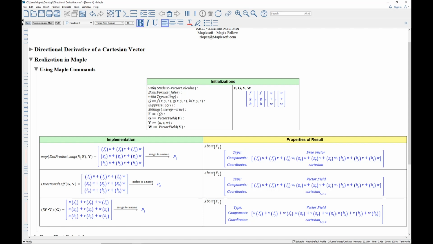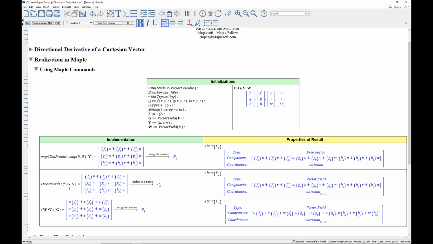Here we imitate the notion of placing the del operator on each component of F and dotting that with the vector V. So map del onto F, and then map the dot product using V. The result looks correct, but it's a free vector.